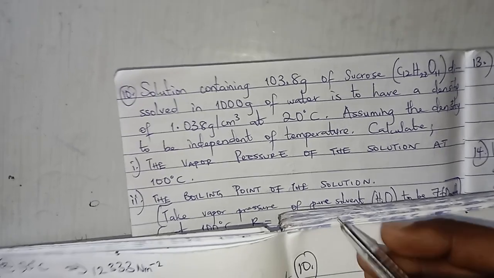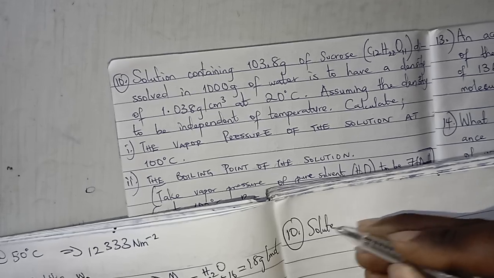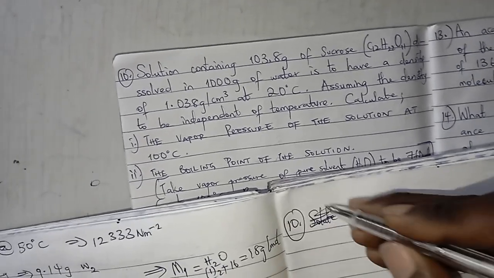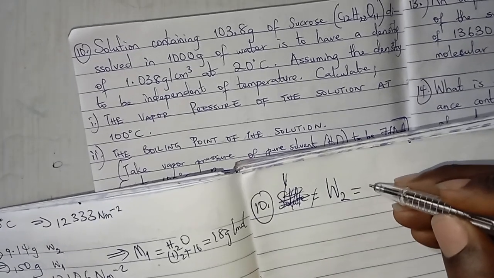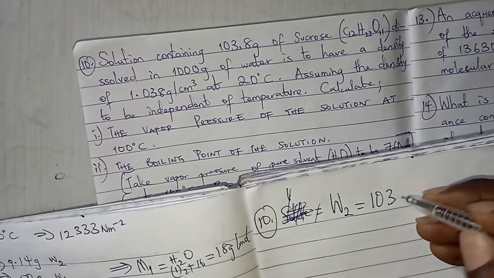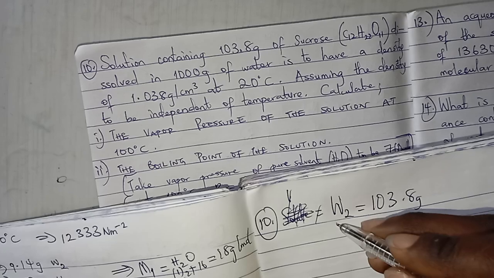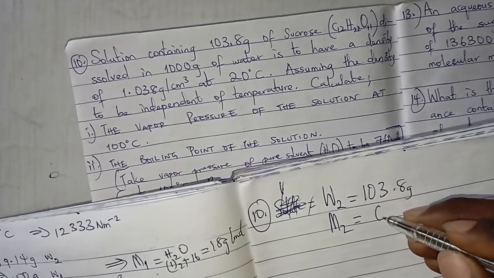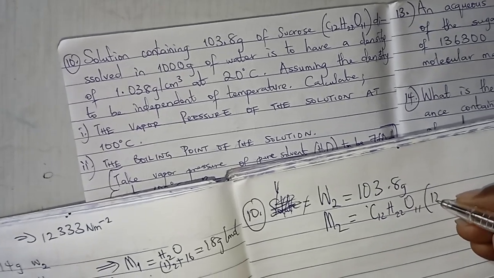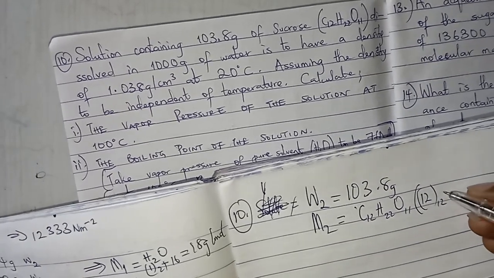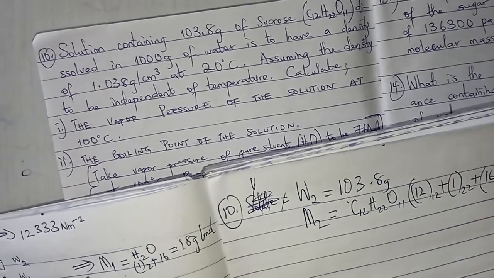So the solution contains 103.8 grams of sucrose. Sucrose is the solute, not the solvent. Let's use W for weight, mass. W2 is the mass of sucrose, so it's 103.8 gram. The molar mass of sucrose, M2, is C12H22O11, which is 12 into 12 plus 1 into 22 plus 16 into 11.